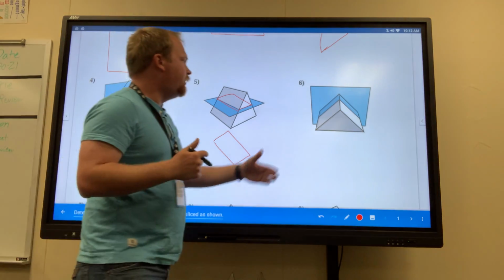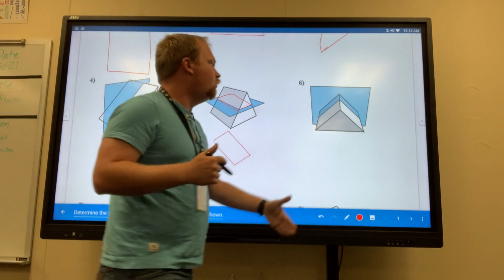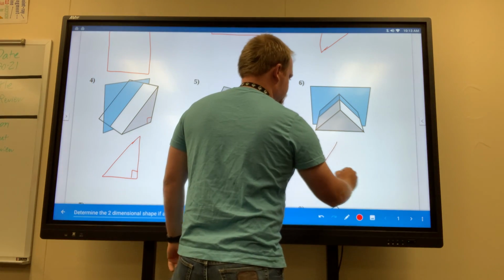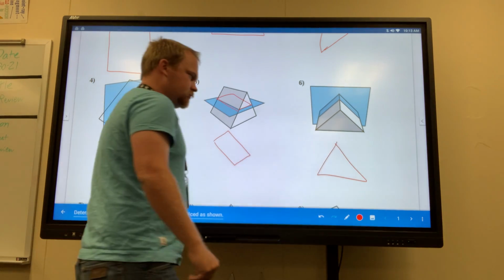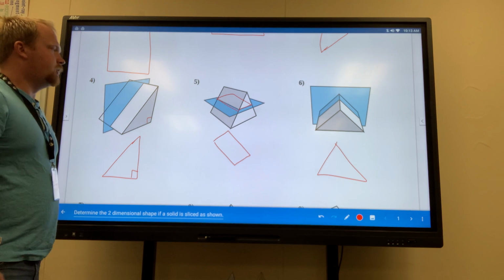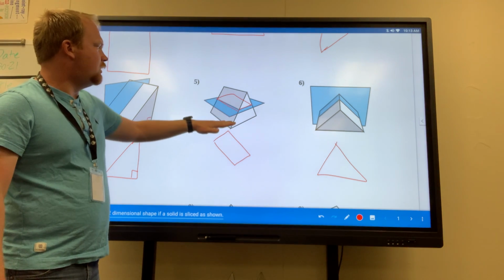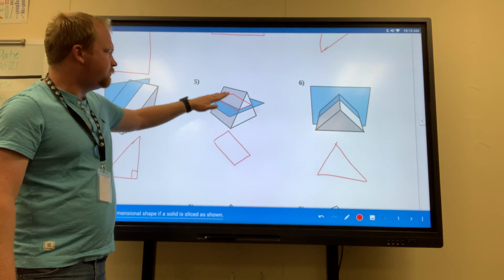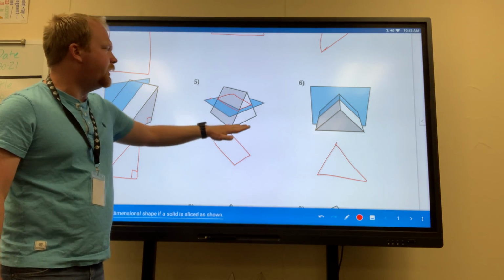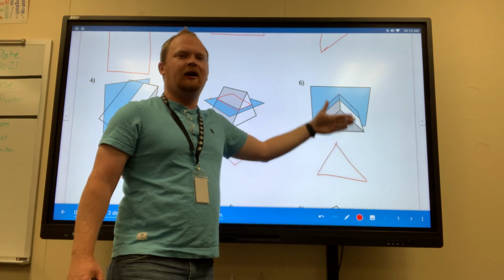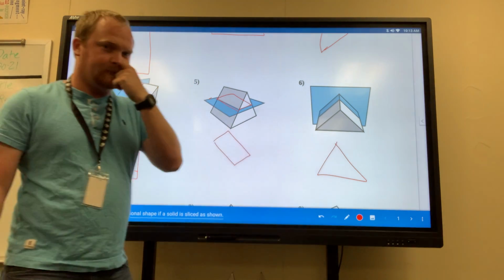Okay, now this one's more vertical, where it affects the triangle. So the cross section is different. This is more along this plane, this face right here on the bottom, and this is more parallel to the base.